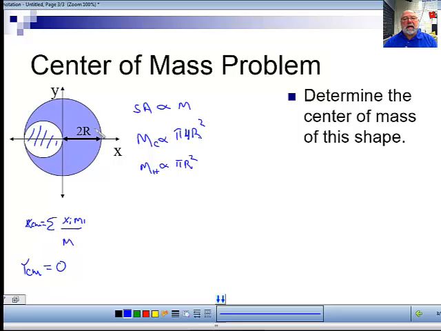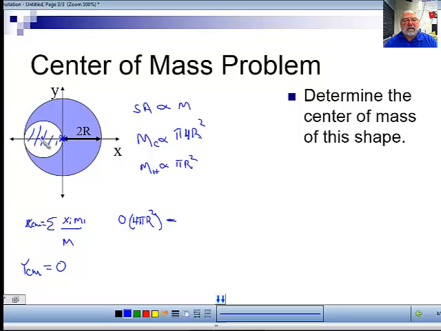So I have the composite. Where is the center of mass of the composite? Well, it would be right here, right at the center. So it's going to be 0 times the mass, which is 4 pi r squared, minus the location times the mass.